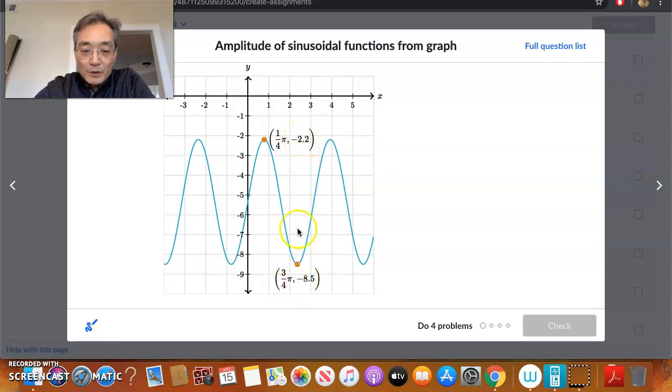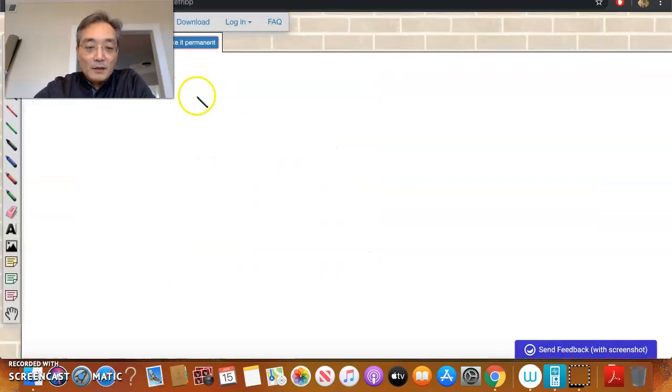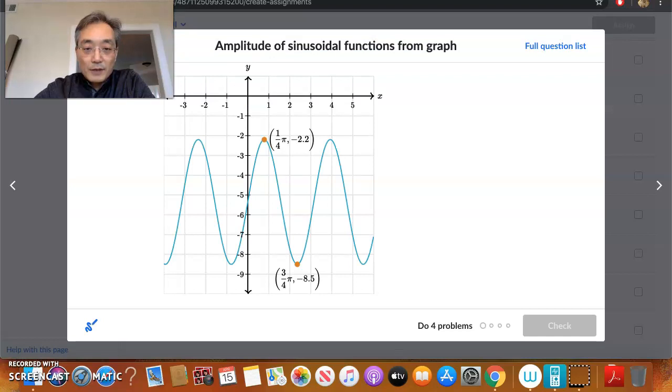So let's find the total distance here. Let's copy the points. It's 1/4 pi, and I believe it said negative 2.2. If I'm not mistaken, that's the max. Let's check. Yes.